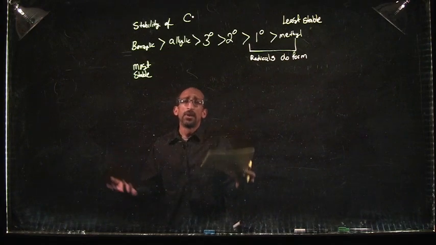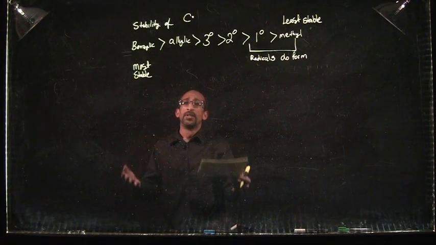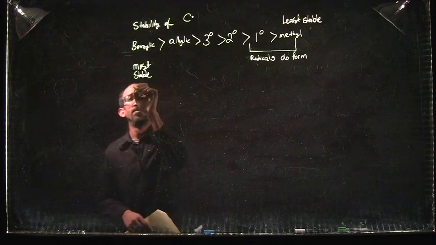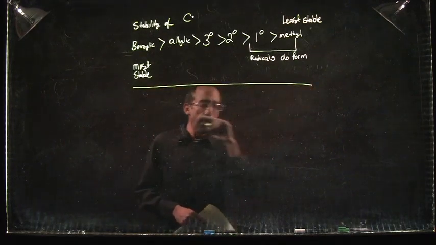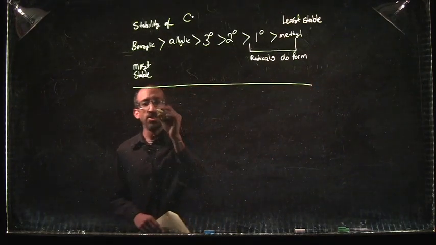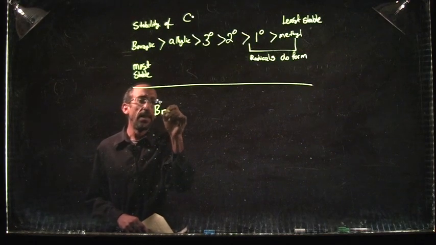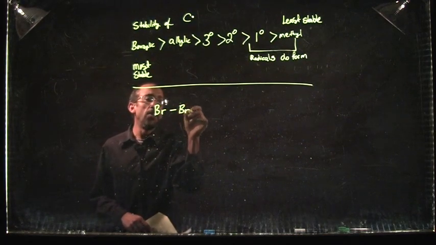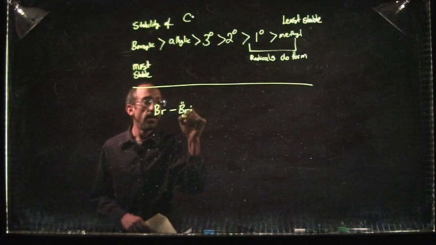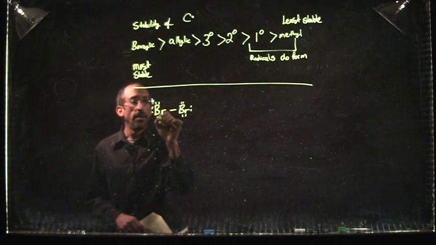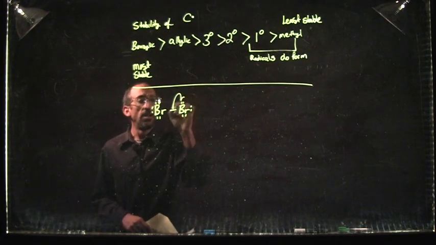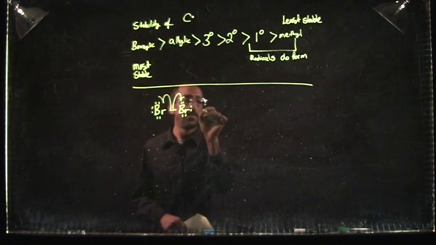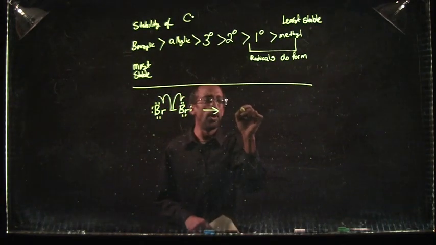Okay, so now let's just talk about formal charges on radicals. So we'll take two examples, right? I'm going to take bromine, have that undergo homolytic bond cleavage to give two bromine radicals.